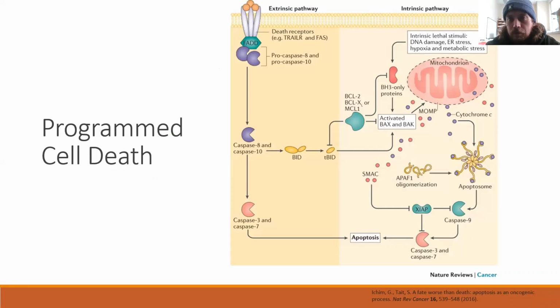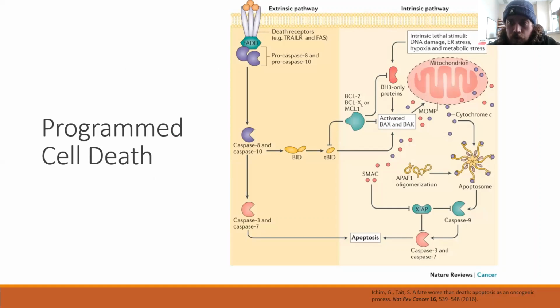When we talk about apoptosis, it's usually defined in two pathways. In this graphic, we're looking at the extrinsic versus intrinsic pathway. The intrinsic pathway is used interchangeably with the mitochondrial pathway because it occurs through the mitochondria.